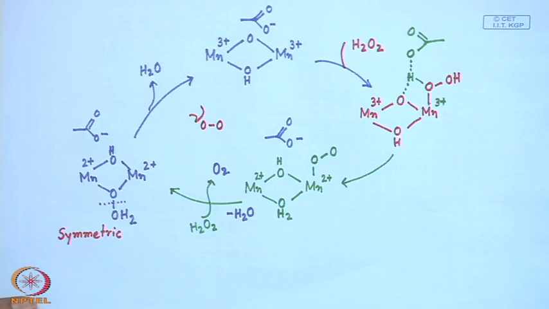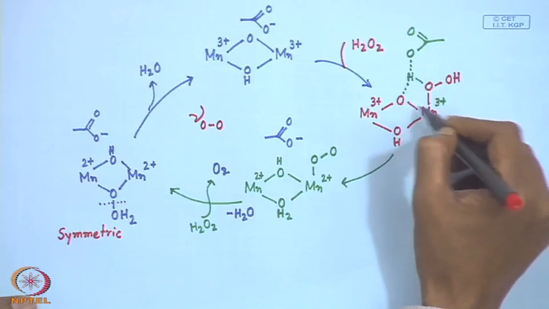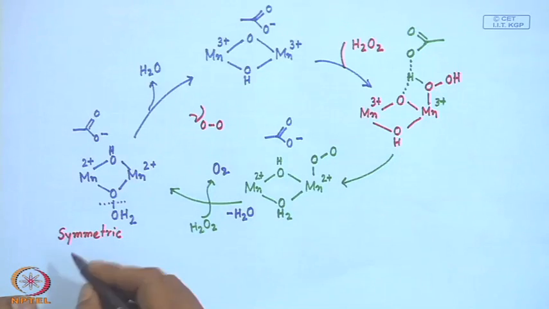All the time if you just look at these values for monitoring this, whether you have bound dioxygen molecule or whether you have some hydroperoxide interaction or it has been transferred to peroxide interaction.